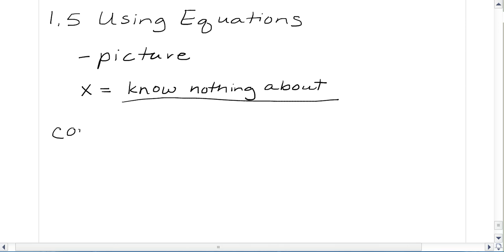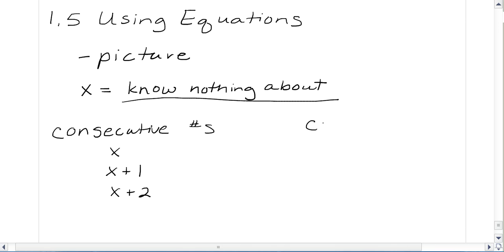Another reminder is when you are talking about consecutive numbers. Remember in A1, if x is a number, then the next consecutive one after x is x plus 1. The number after that is x plus 2, and so on.